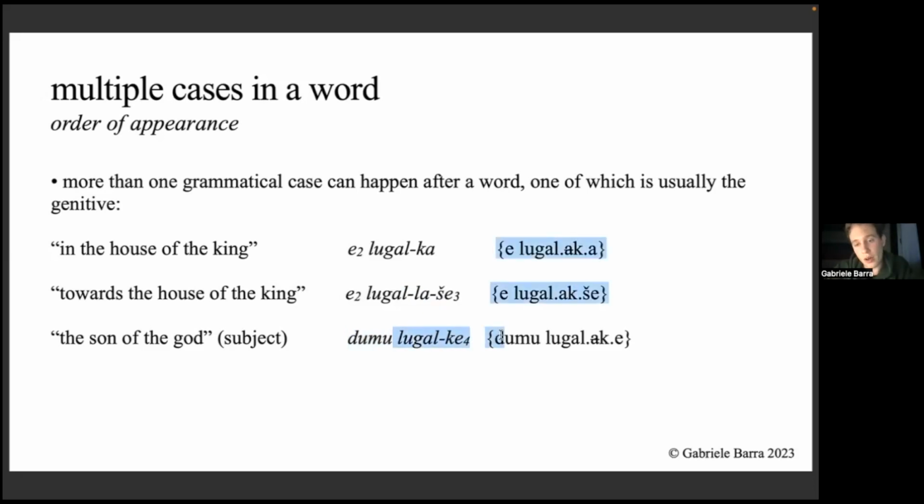Instead, here, when you have a case that starts and ends in a vowel, the k appears and the a disappears. In fact, here, ak, e, so genitive and ergative, are represented as K4 without the initial a.